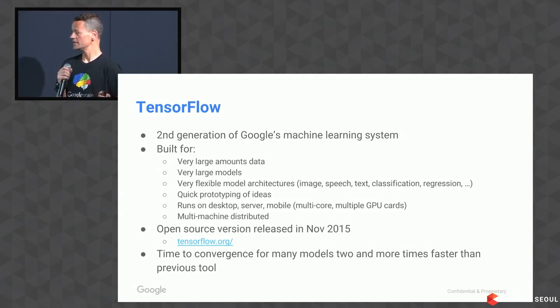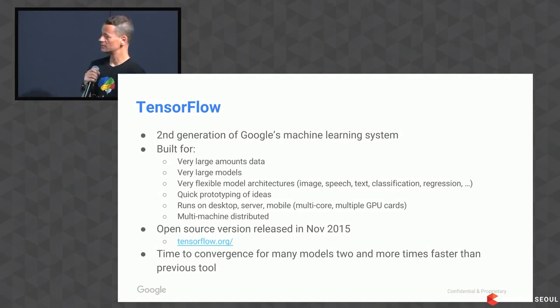So it runs on the desktop, it runs on servers, it also runs on mobile, it runs multi-core, multi-GPU cards, and I'll talk about those details a little bit later. And since about a month ago, it also runs multi-machine distributed, meaning you can set up your 16 machines or however many you have, and train one model with all those machines at once.